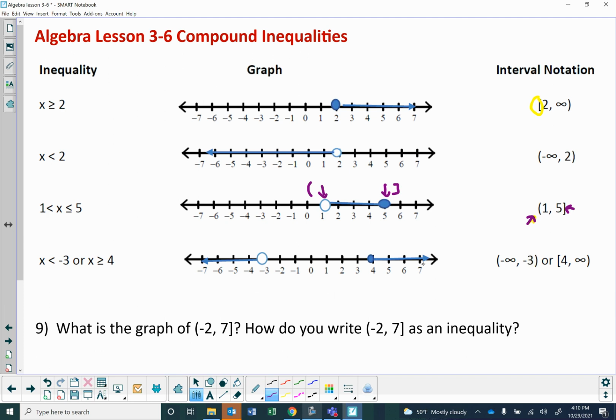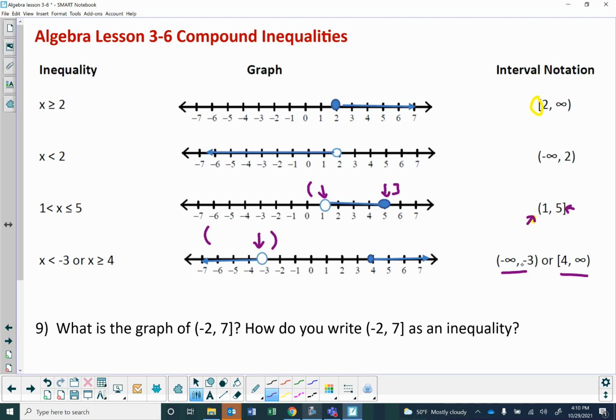Now we're going to look at an or inequality and write that in interval notation. Obviously, with an or inequality, you're actually going to have to write 2 intervals. So here we can see that it's an open circle, so we would know that we would have a parenthesis at that end. It's going forever in the negative direction, so we also know we have to have another parenthesis in that direction.